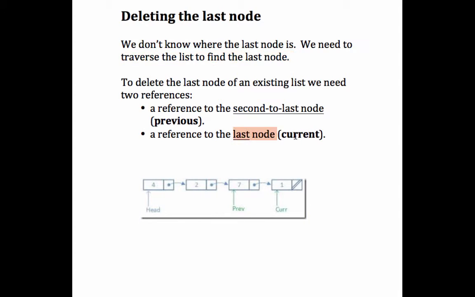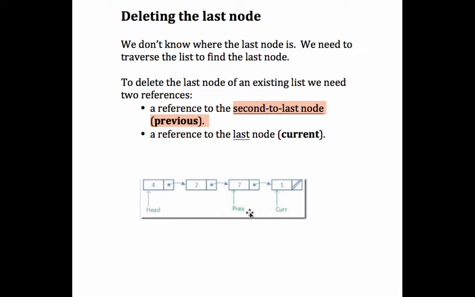And for that, we're going to use current. If we do things correctly and current is referring to the very last node, as in this picture, then it should be true that previous refers to the second to the last node, which is what the picture indicates. So if everything works accordingly, then we should have these two references the way the picture indicates.